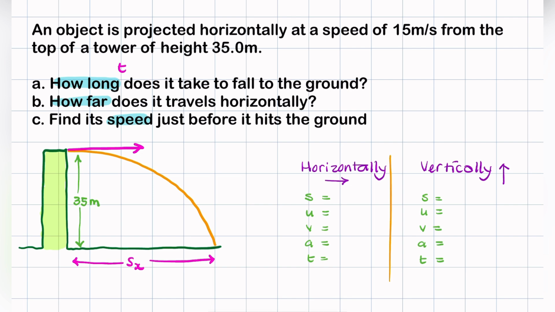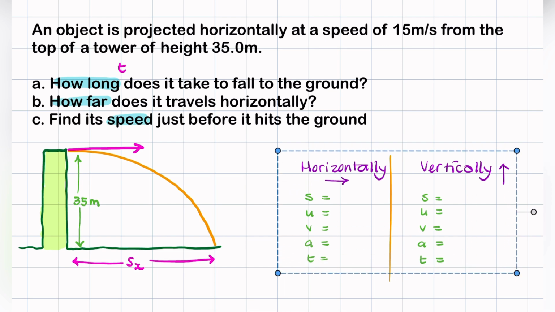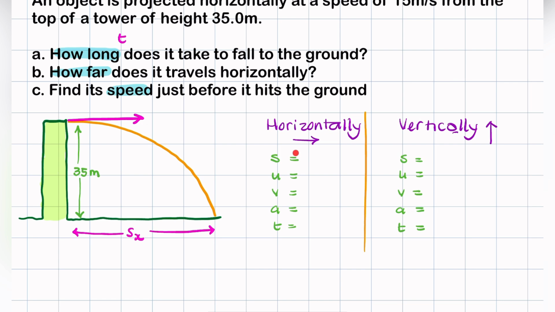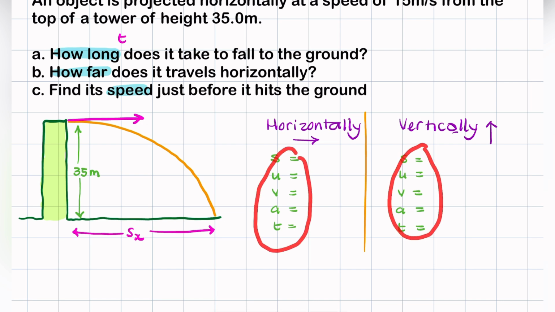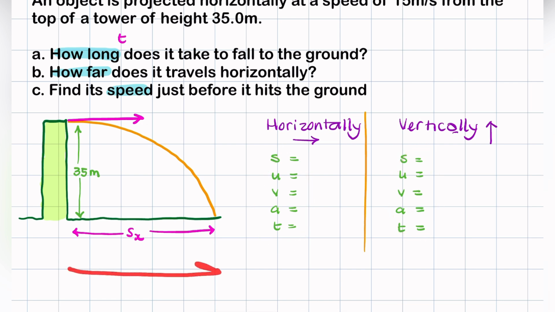So the best way to deal with projectile questions like this is to split two sets of parameters. Parameters for your horizontal movement, in which there is no acceleration because there's no net force, and parameters for your vertical descent, free fall, which is accelerating at a rate of minus 9.81 meters per second squared.